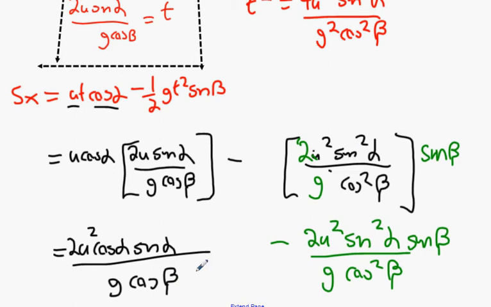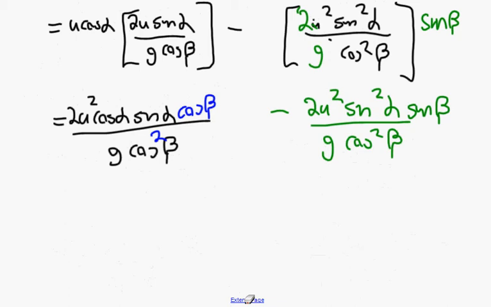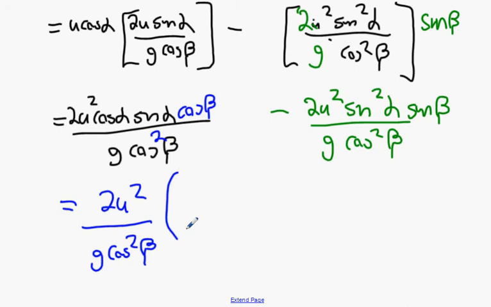So what I'm going to do is multiply the bottom by cos beta and the top by cos beta, and that will get me my cos squared beta. Now they have a compatible denominator, so there's no worries there. I'm now going to factorize and see what they have in common. I'm going to factorize out 2u squared. I'm going to factorize out the denominator, and then I'm going to be left with what?